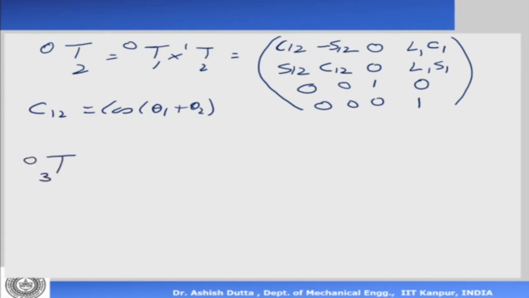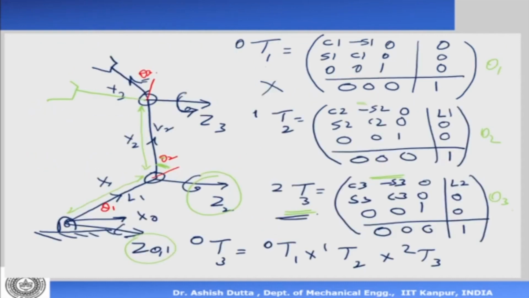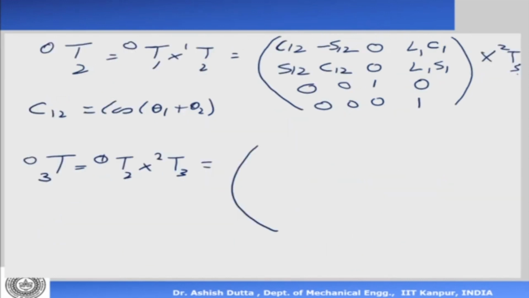Then we continue, multiply this T0 to 3, so it becomes T0 to 2 into T2 to 3. So you take this matrix and multiply it into T2 to 3. What is 2 to 3? 2 to 3 is this matrix. Now multiply it similarly, and you can multiply and see by yourself.